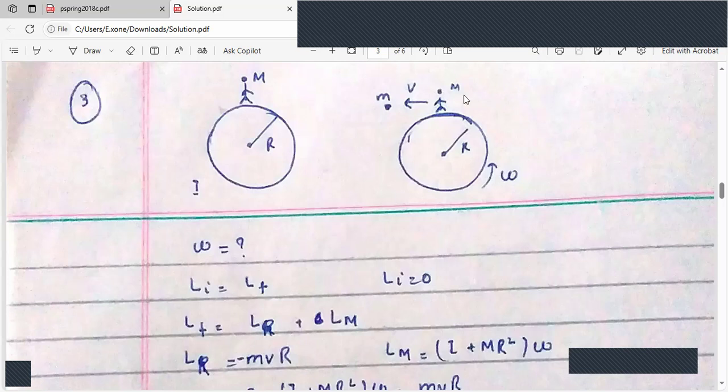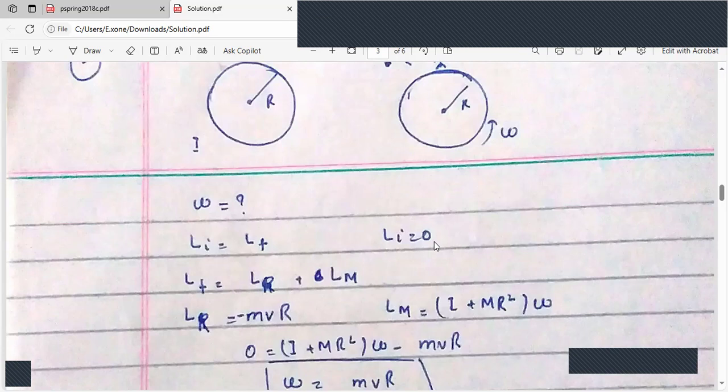or you could assume, by taking some kind of coordinate axis, to calculate the angular momentum of the rock with respect to the origin of this merry-go-round. And the angular momentum of the merry-go-round is this quantity, where mr square comes from the fact that the mass m, that is the mass of the girl, is along the rim at some distance r, that is the radius of the merry-go-round, from the origin.